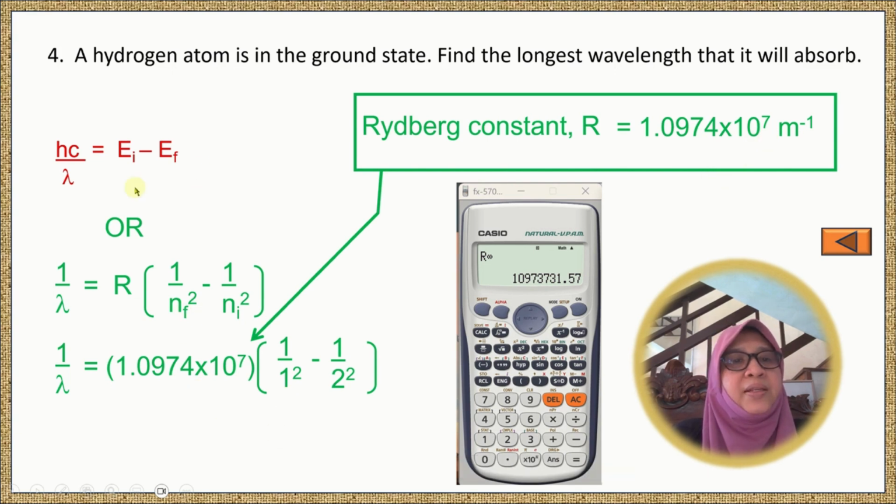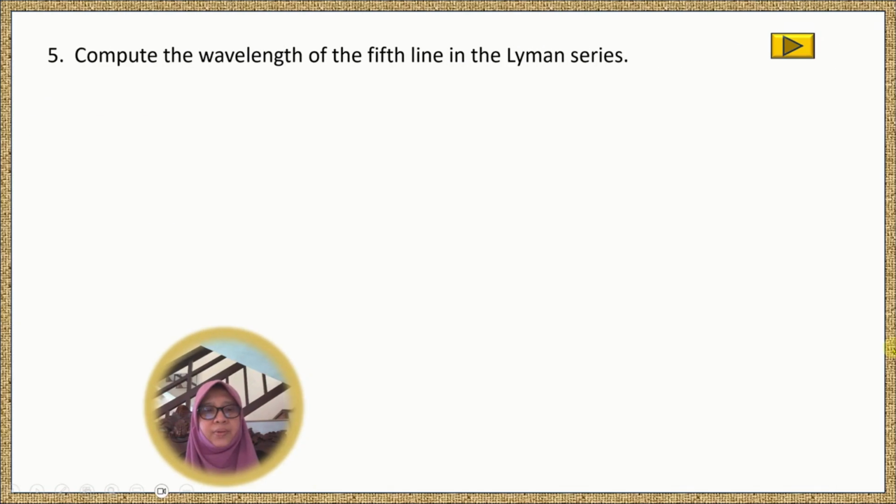For the longest wavelength, it should be state 2 to state 1, so 1 over 1 squared minus 1 over 2 squared. The answer we get is about the same: wavelength is 1.21 times 10 to the power of negative 7 meter.